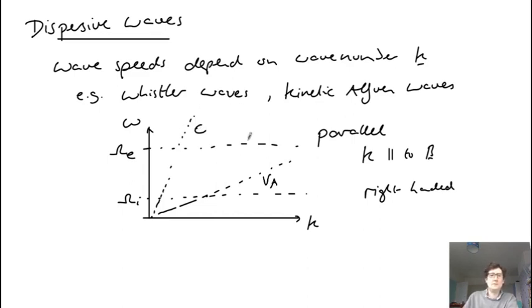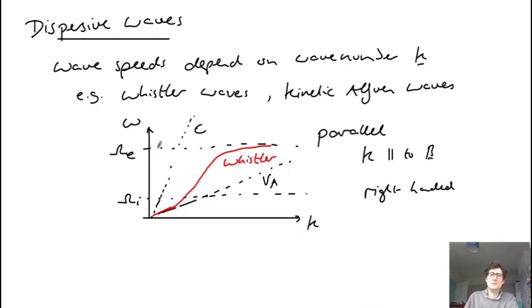And what we have when we have Hall MHD is a wave which starts like the Alfvén wave at low frequencies, and then transitions up to higher frequencies, and then tails off around the electron frequency. And this is the whistler wave.